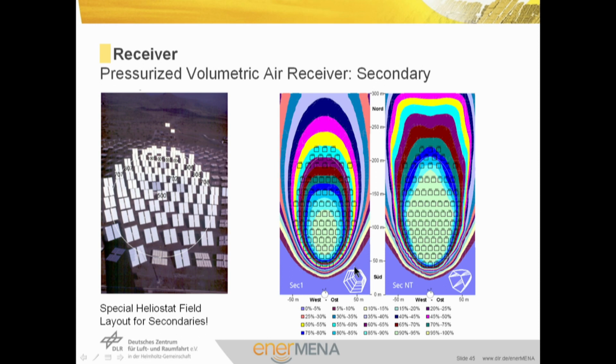Also, we see here the evolution of the secondary technology. We see here an older secondary concentrator and here a newer design. And we see the new design has got a higher region with good efficiencies than the older design.